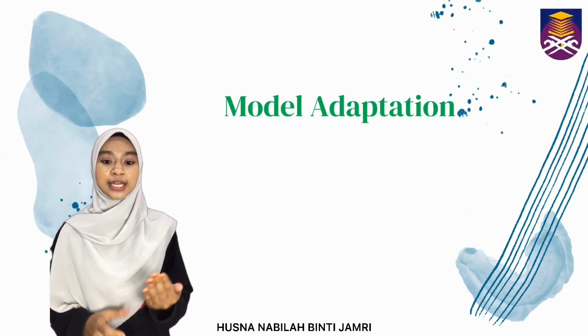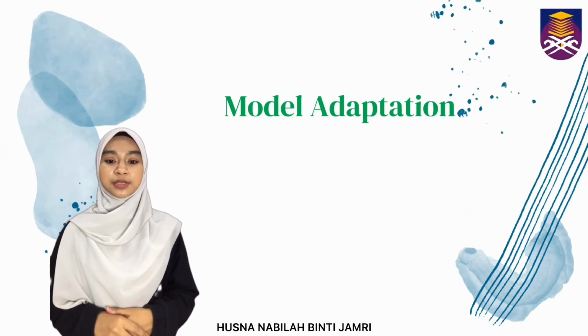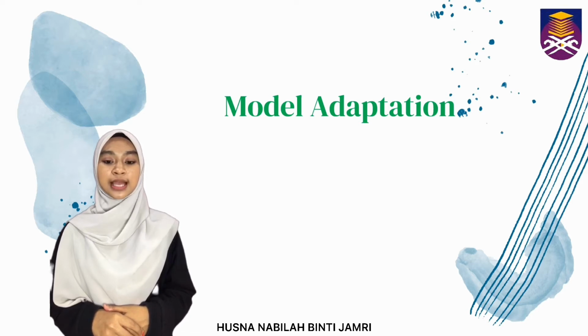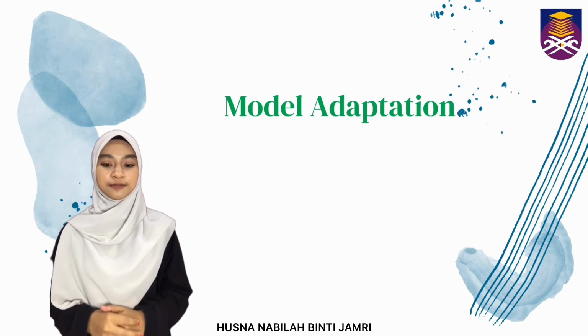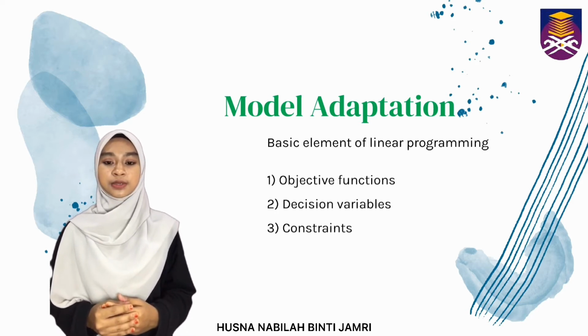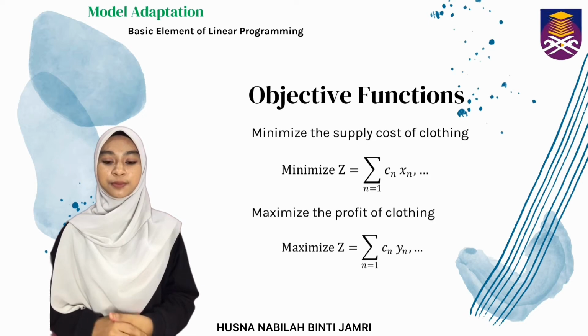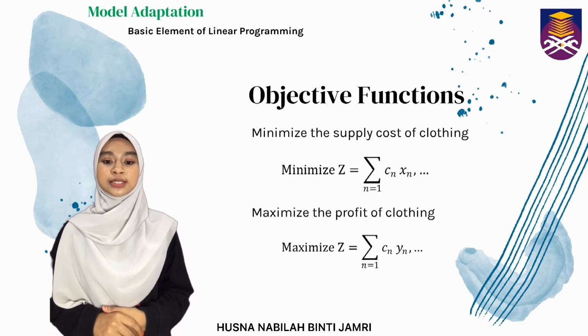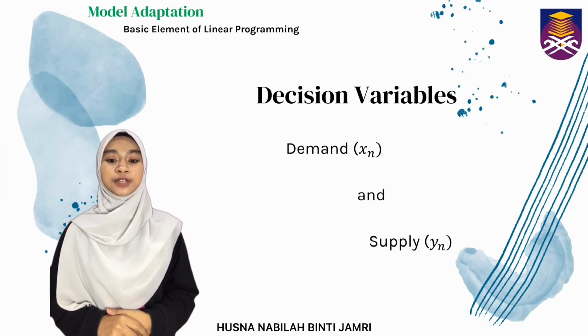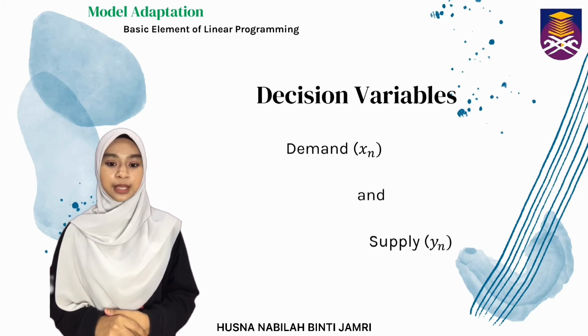Secondly, the model adaptation. The basic elements of linear programming models that have been identified are the objective functions, decision variables, and constraints. For the objective functions, we seek to minimize the supply cost and maximize the profit of clothing, while the decision variables to the problem of this research are the demand and supply.